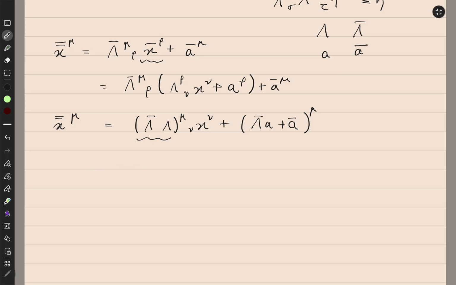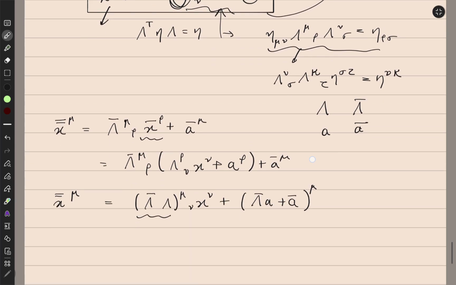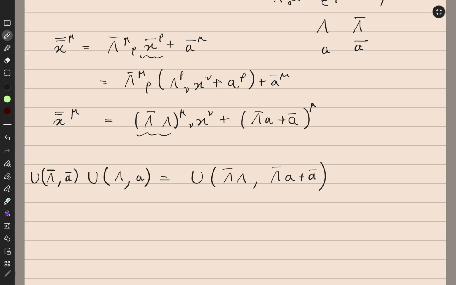So since the transformations are labeled by this Lorentz transformation matrix lambda and this space-time translation a, the corresponding unitary would also be labeled by some lambda and some a, and we found that if we do a transformation lambda followed by another one with lambda bar and a bar, the result is a Lorentz transformation whose lambda component is just lambda bar lambda, and the space-time translation component is lambda a plus a bar. That's what we found.